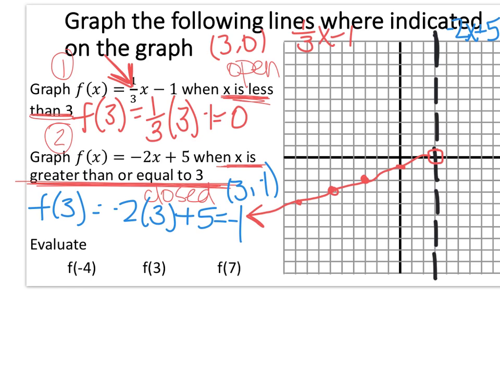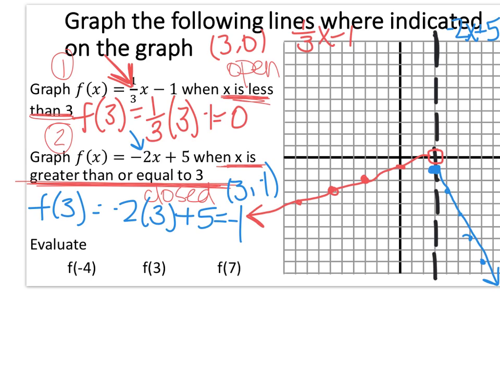So I'm going to come over here just below my other point and put my closed dot there. From here again, we're just going to move our slope, negative 2. So that means I go down 2 and to the right 1. Down 2 and to the right 1. And I'm going to keep doing that until I run off the graph. And there is the last half of my piecewise function.